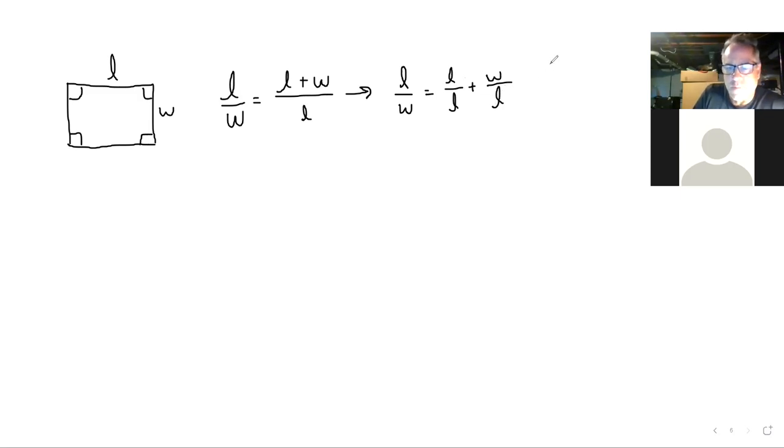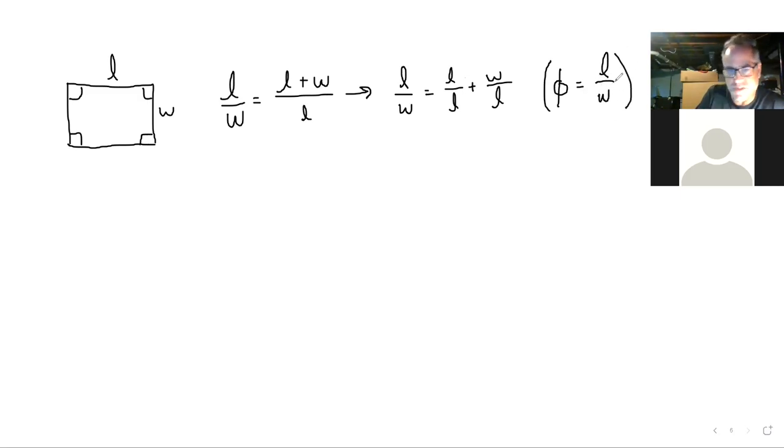Now, I'm going to make a little substitution, kind of make this thing look a little easier. If you pick up any kind of math book that talks about the golden ratio, it's usually denoted with the Greek letter phi, which looks like that. And we're going to say phi equals length divided by width.